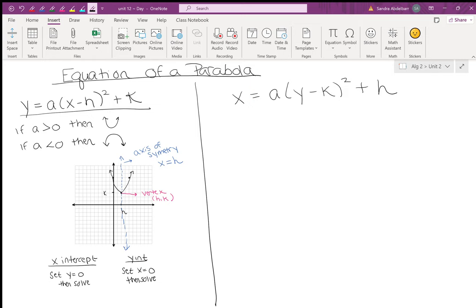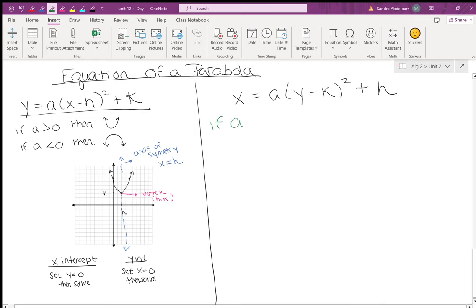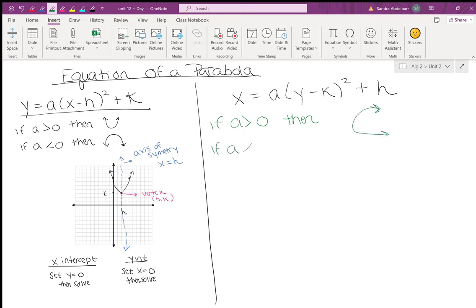Our h and our k have switched locations. So this time, if a is greater than 0, then we're opening to the right. If a is less than 0, then we are opening to the left.